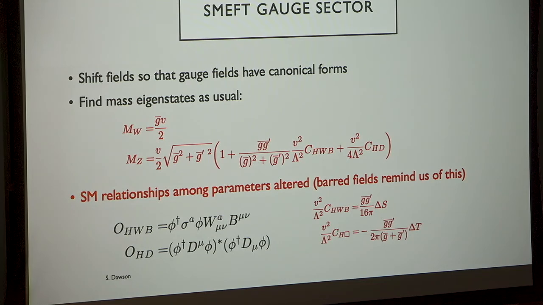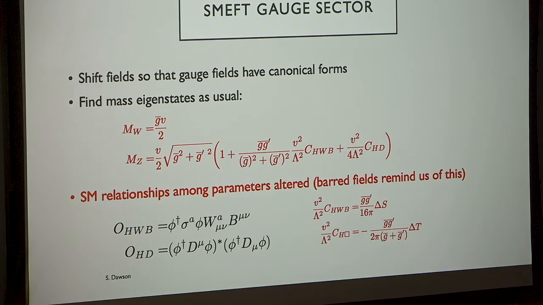Okay, so in an identical fashion as in the standard model, I find the gauge boson masses. So I construct the kinetic energy D_mu phi, and I multiply everything out, and I find the W mass and the Z mass. This is exactly the same as the standard model, except you have these extra operators.